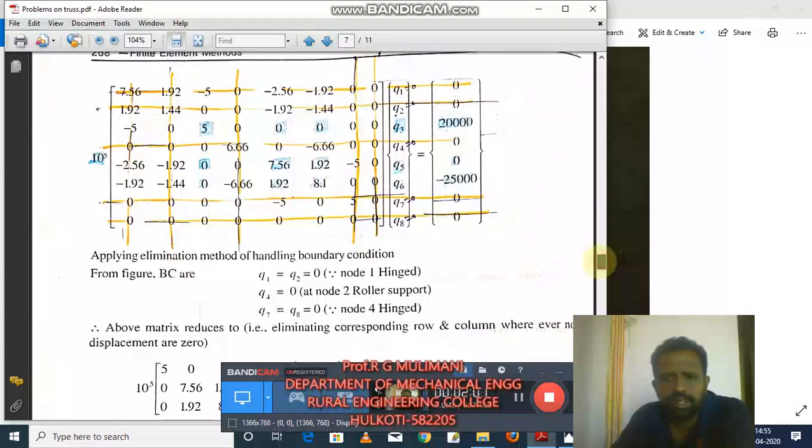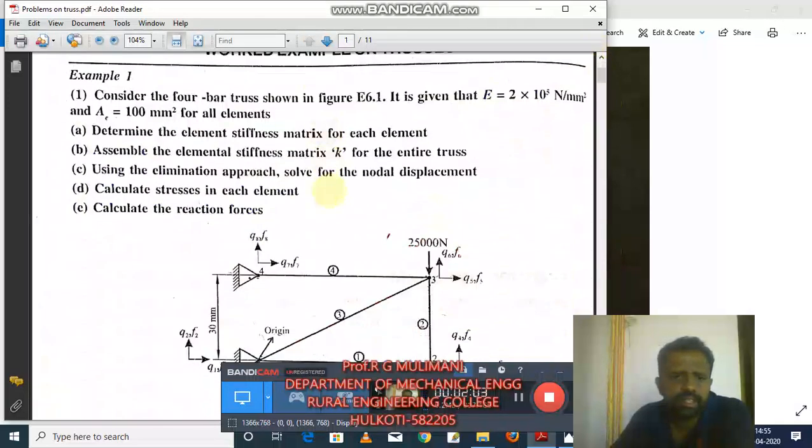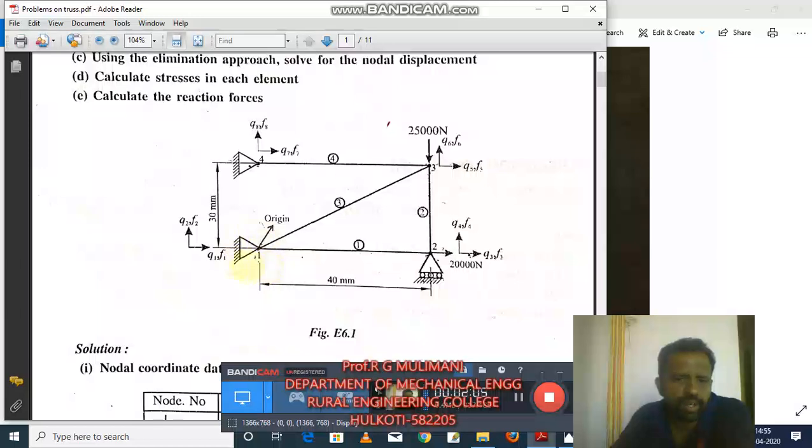What are the known boundary conditions here? In node 1 it is fixed, so there is no displacement in the x direction and y direction. So q1 is 0, q2 is 0. So first row first column, second row second column can be deleted. Similarly, at node 2, this is a roller support. Roller support means it can have displacement only in the x direction.